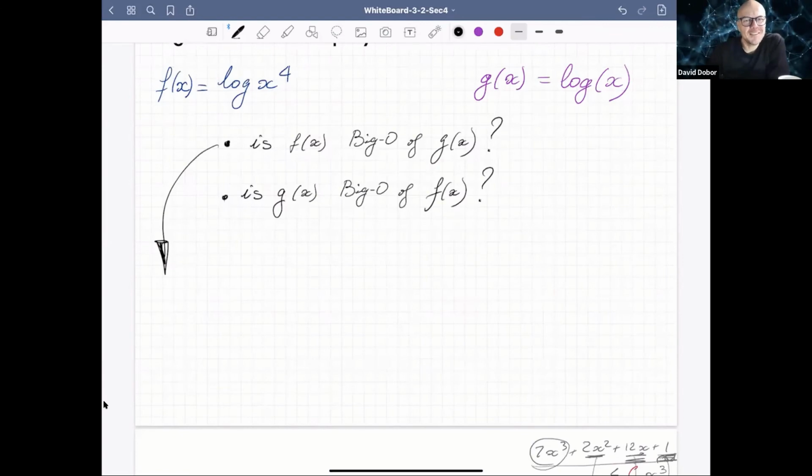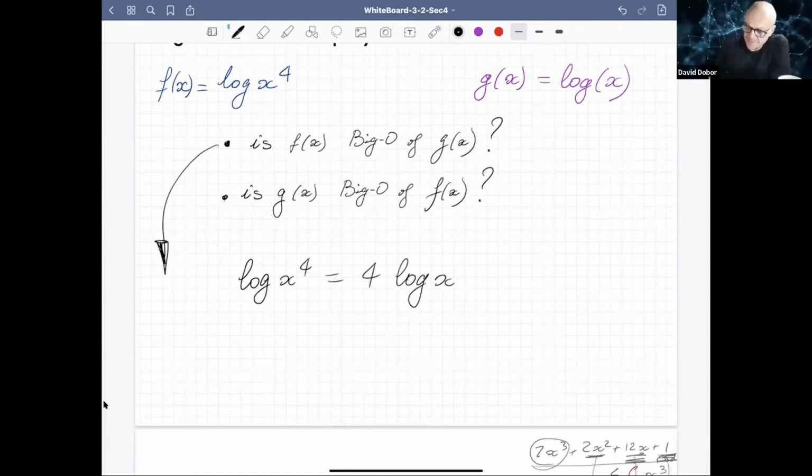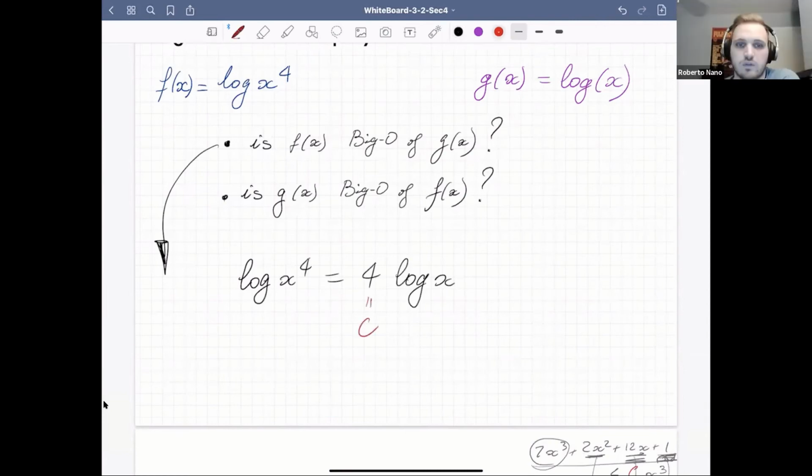I can say that 4 times log x has to be less than c times log of x, and we just have to find the c. By the way, the base of this logarithm, let's say it's 2. So any base greater than 1 will work.